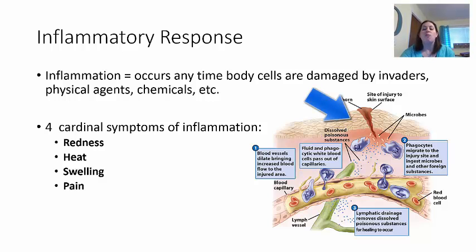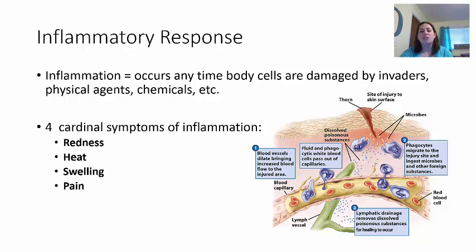We see that when those cells are damaged, they are going to release the chemicals that causes inflammation to take place. These chemicals will then talk to the blood vessel. The blood vessel then will bring more blood to the area. That causes the redness. The next thing that happens is when the blood comes into the area, it brings heat. Because remember, our blood is a little hotter than our body temperature, so that brings heat.